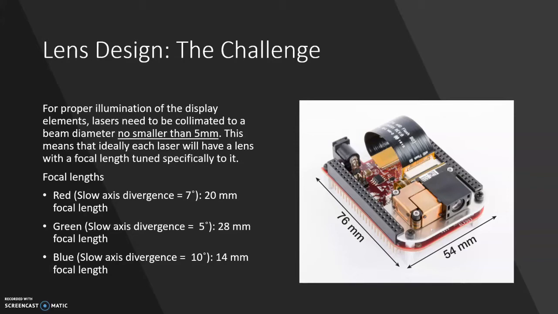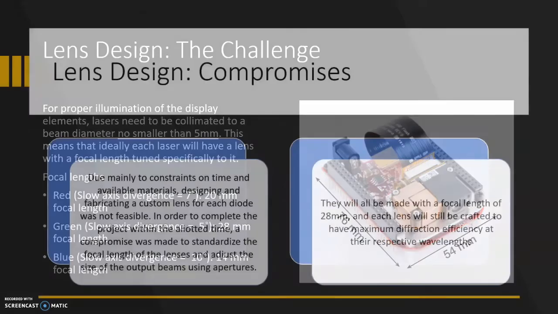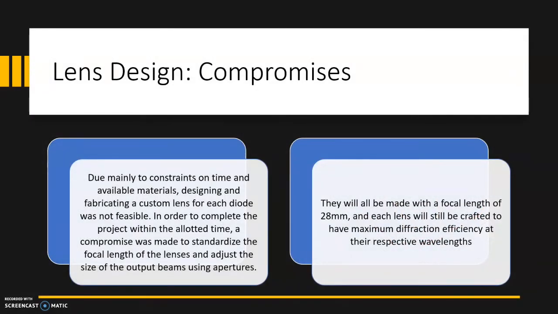Now, this is all good in theory, but as I discussed the logistics at work, I eventually realized that due to constraints on time as well as materials, it actually wasn't feasible to design and fabricate 3 separate lenses in the time allotted. The process to design and fabricate these lenses is actually quite intensive, and it takes a couple of weeks, so it might end up not working.